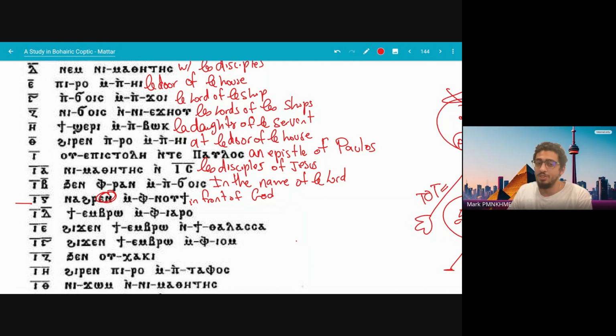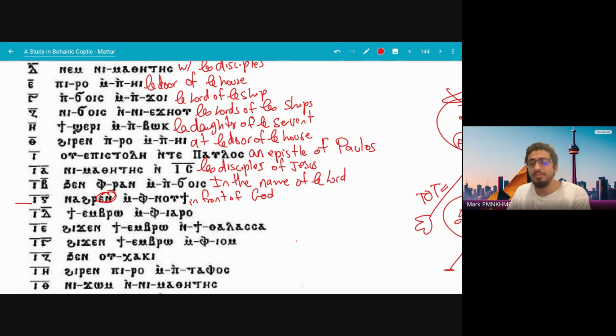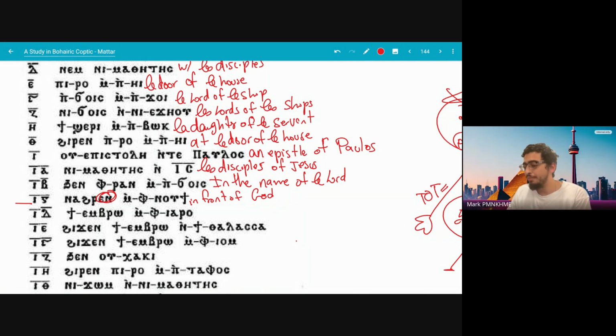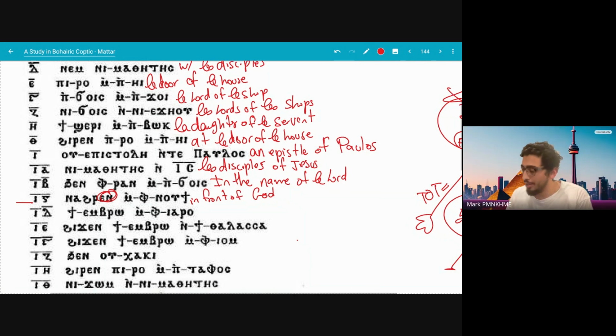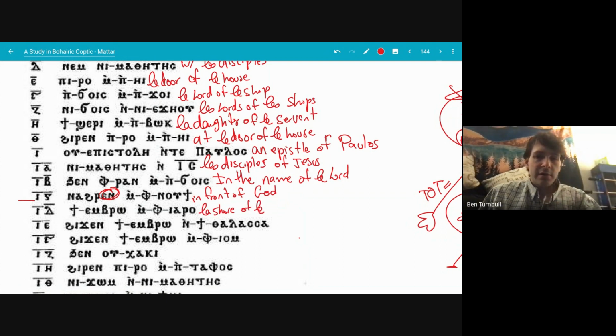In Bohairic, is it river or no? Oh, it is. Okay, the vowel changes in Bohairic from Yaro to Yaro. Not too different. And then Emvro, I actually did not remember about Emvro. Okay, so it's not boat, the something on the river. It's the shore. The shore of the river. Okay. And it's not on; it's of the river. Yes. Okay, great.